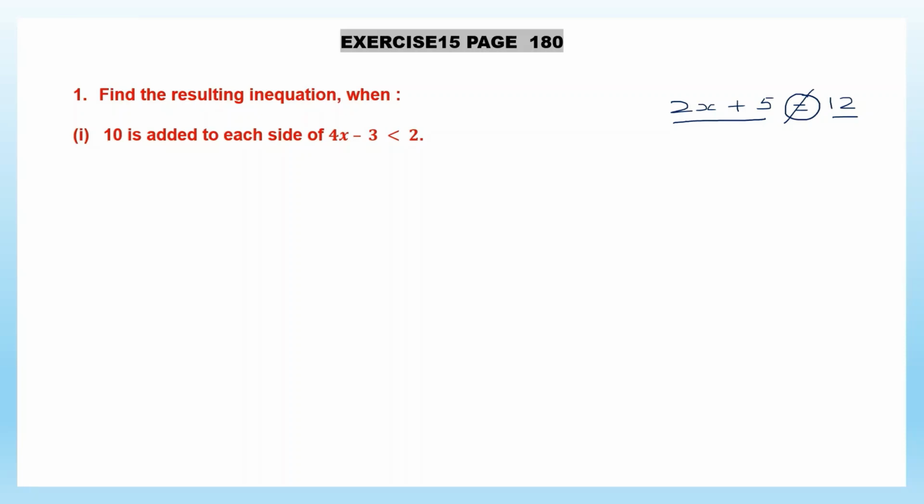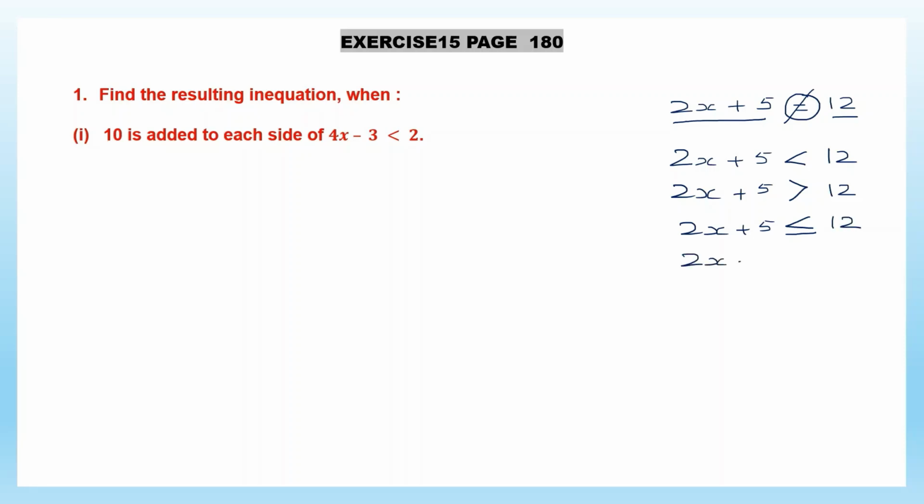Now if we have two expressions which are not equal to each other, then such a statement is called an inequality or inequation. Instead of the equal to sign, I might have a lesser than sign or a greater than sign. I can say the first expression on the left hand side is greater than the one on the right, or that this expression is smaller than and equal to the other expression.